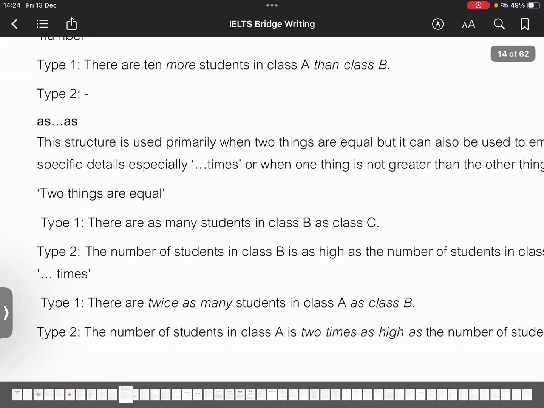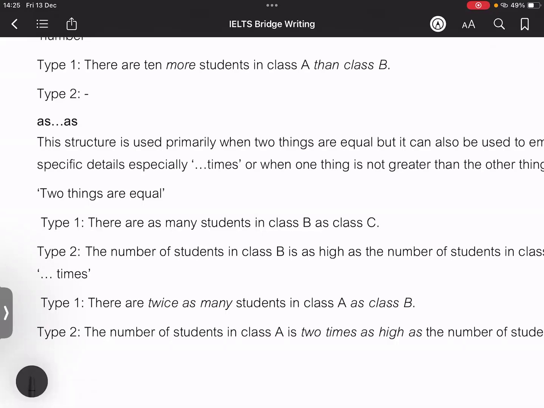What about the second as? What does it do? The second as here is nothing but a conjunction. What does a conjunction do? Any conjunction links two sentences together.